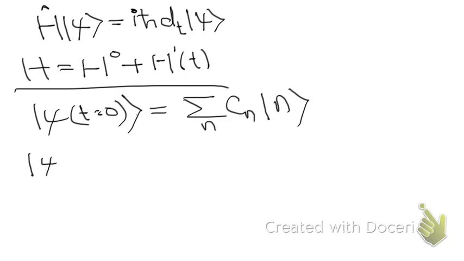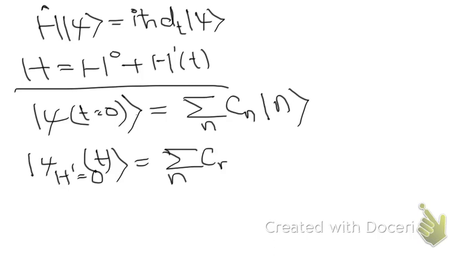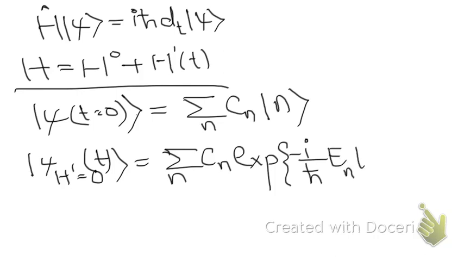My psi, when my H1 is equal to 0, so this tells me that the perturbation is off, at some time t is the sum over n of the expansion coefficients Cn times exponential of negative i over h bar En t, and what is evolving is my state n.